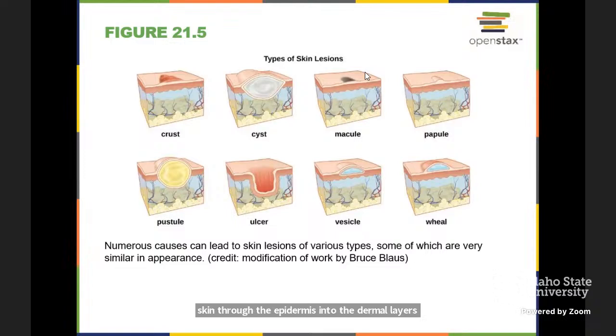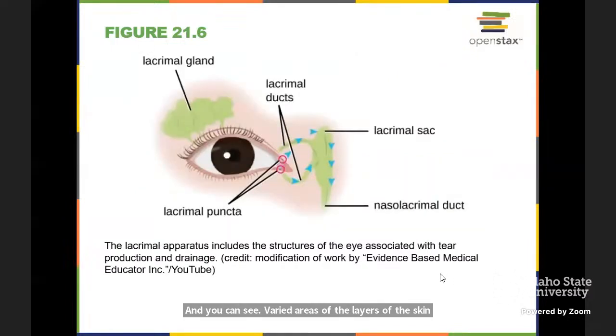Cysts, pustules, discoloration, macules, raised, all of these look a little raised, papules, wheals, and vesicles, numerous opportunities, and you can see varied areas of the layers of the skin that are impacted in each of these respective potentials.